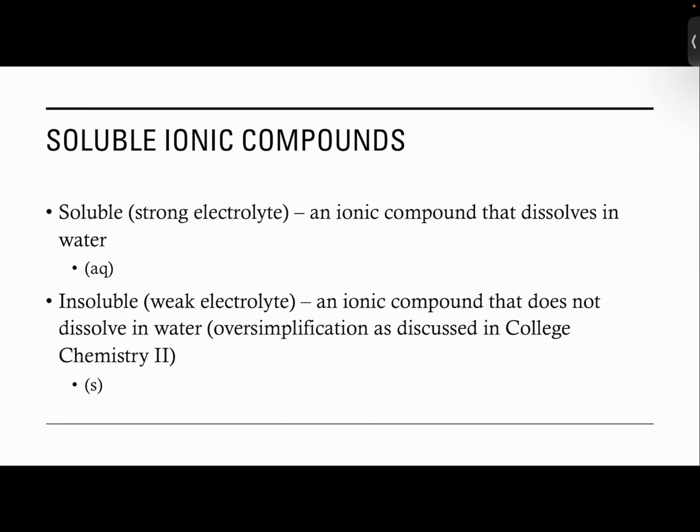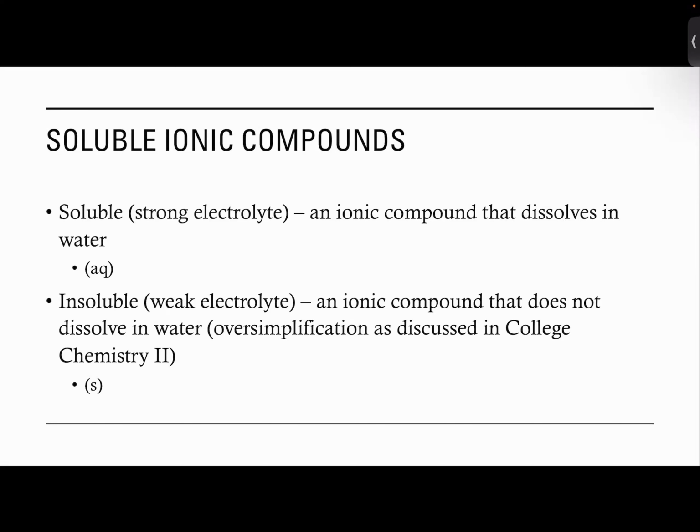What you will notice is that the first rule is the only one that focuses on cations. The rest of these rules focus on anions. Rule number 3 says that your chlorides, bromides, and iodides will be soluble, meaning that they will be aqueous. So the majority of chlorides, bromides, and iodides are aqueous.